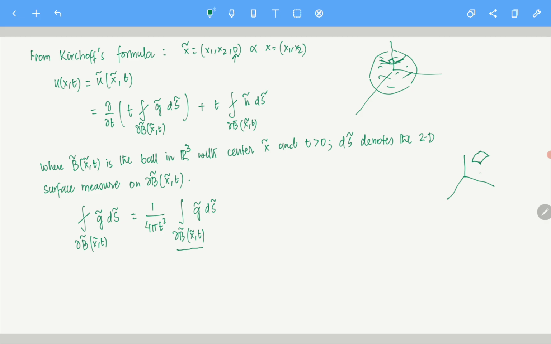Of course, this is x1 x2 x3, and for x3 equals 0, basically this is the hemisphere. So the base is x3 equals to 0.